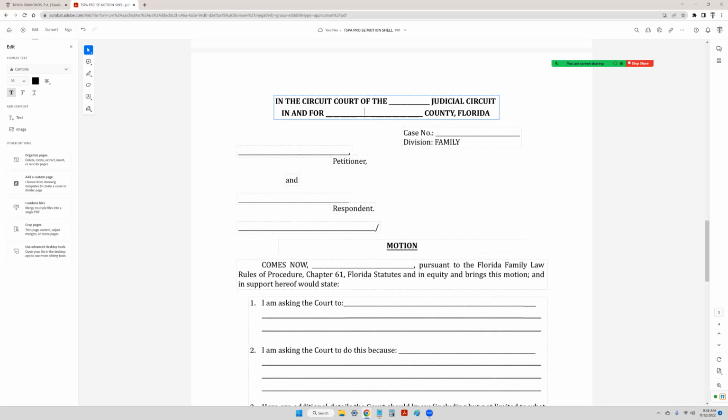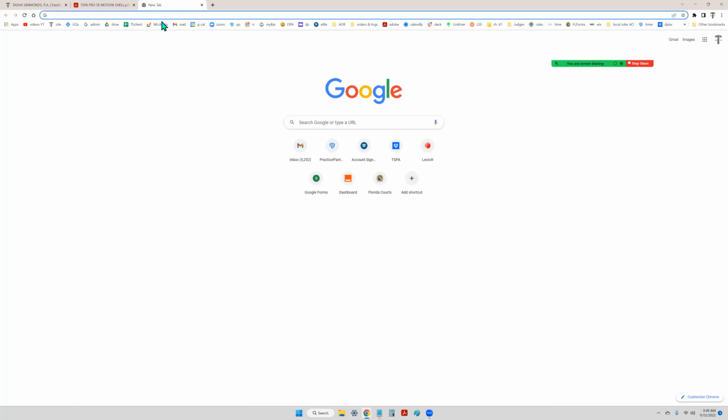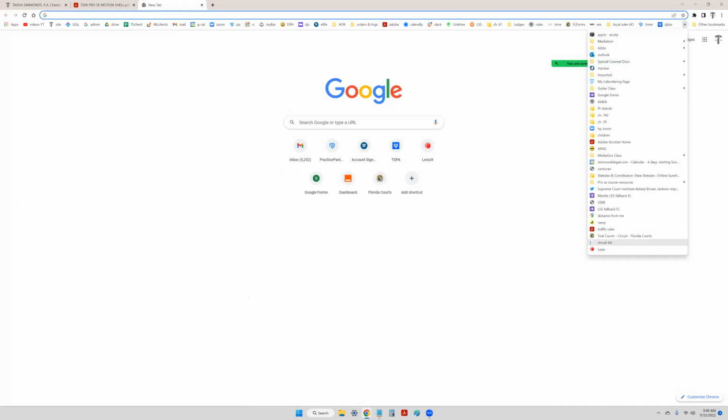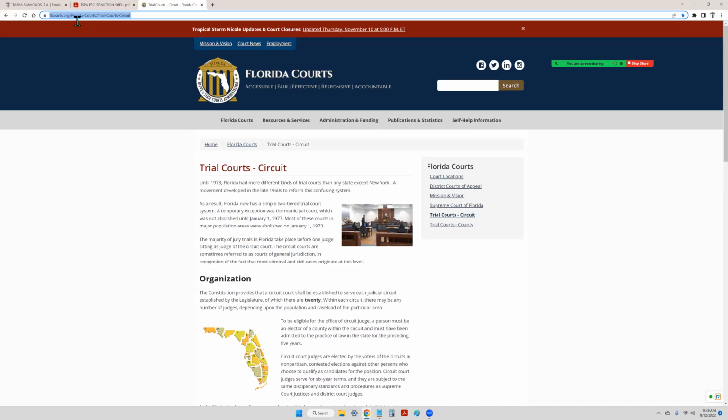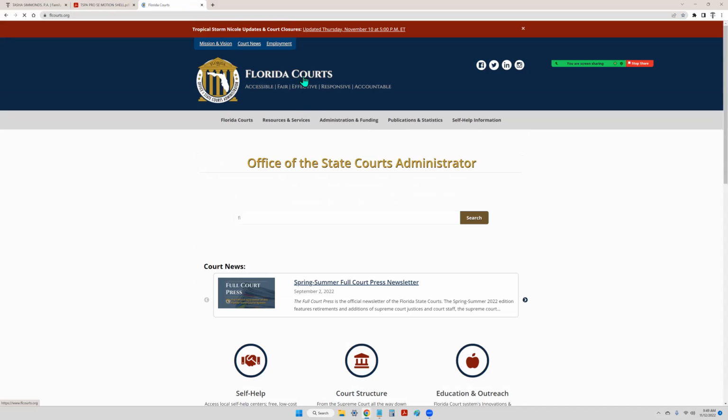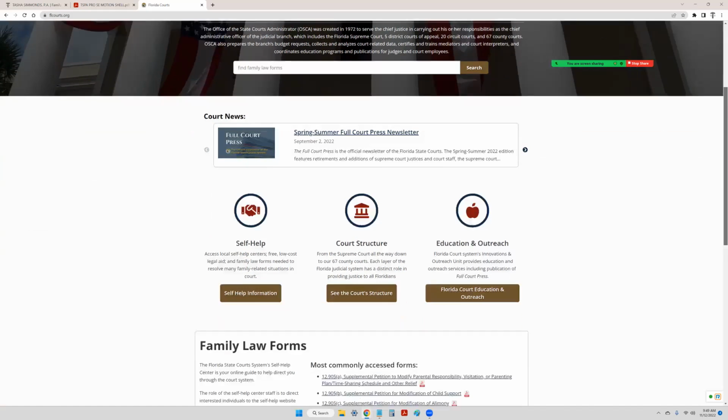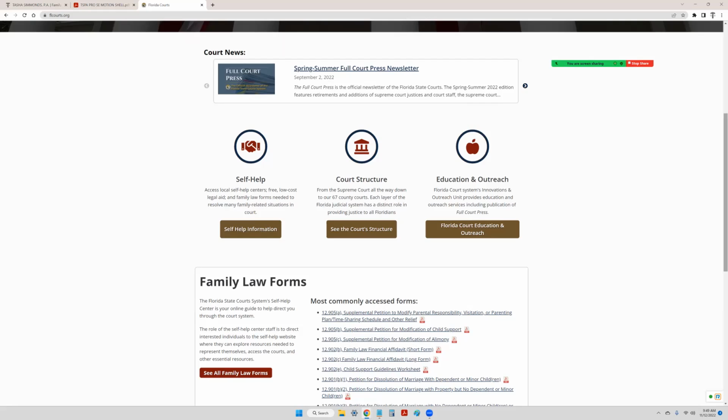And so if you want to find out which one yours is, and I already have it in my favorites, you can go to flcourts.org, which is the same place you'll find the family law forms, okay? Self-help, family law forms, okay?